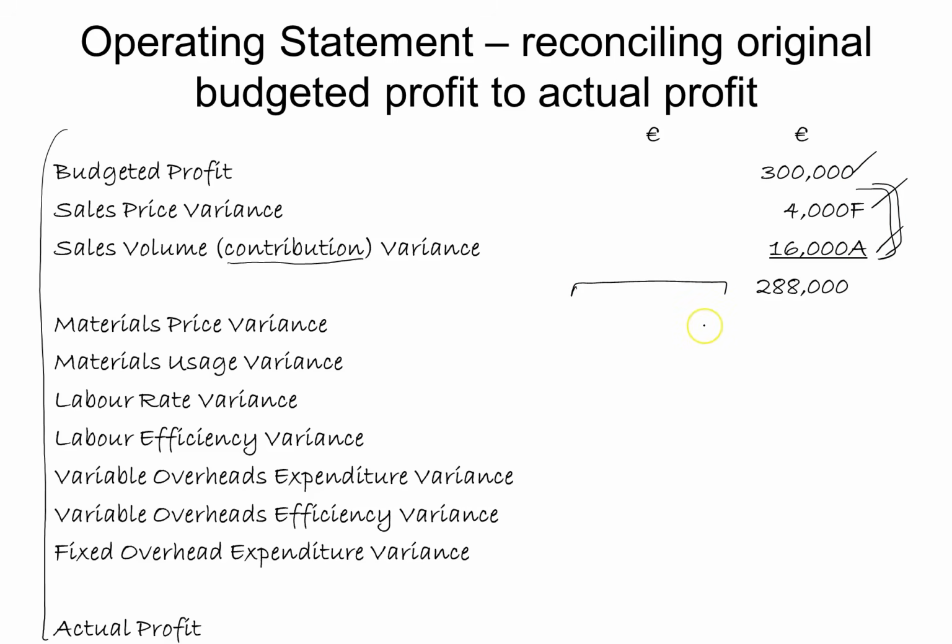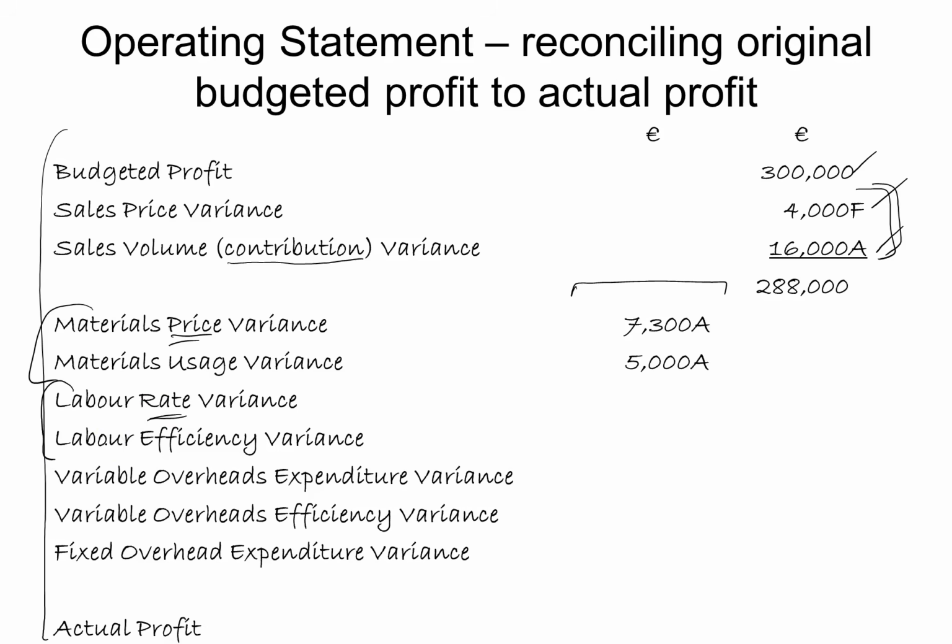Now, from all the calculations I've just done, I'm going to put in my material price variance and my material usage variance. The total variance, if you remember, was 12,300 adverse, made up of the price variance of 7,300 adverse and the usage variance of 5,000 adverse. Then I move on to my labour calculations. The labour rate variance was nil.